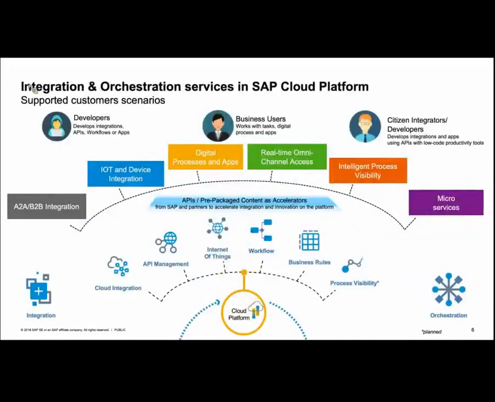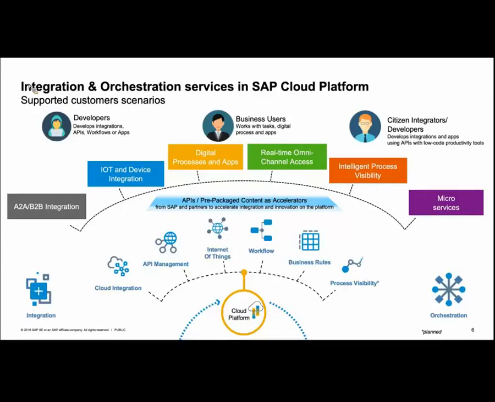We truly understand that our customers' needs and priorities cannot be accomplished with silos, best-of-breed products and applications. So we have therefore come up with this integrated, combined suite of integration and orchestration services for all our developers who develop these APIs, workflows, and apps, and then for business users who work with these tasks and digital processes, and finally the citizen integration in the cloud platform.